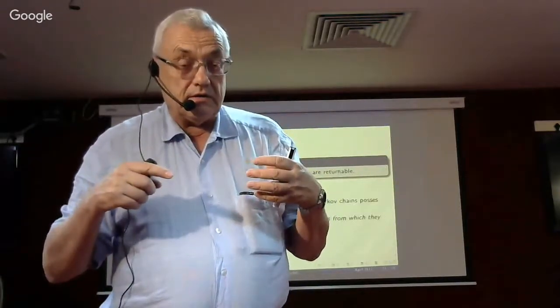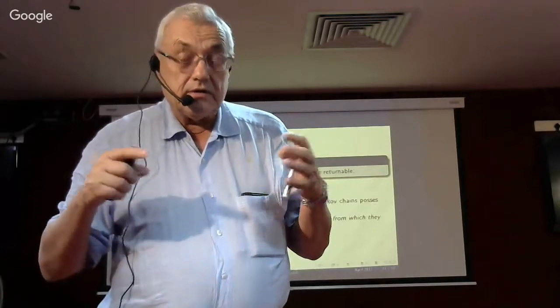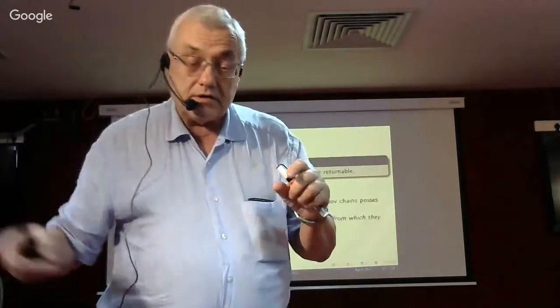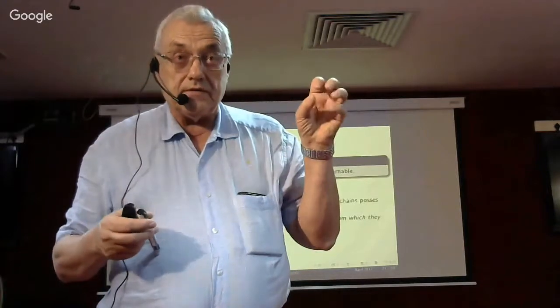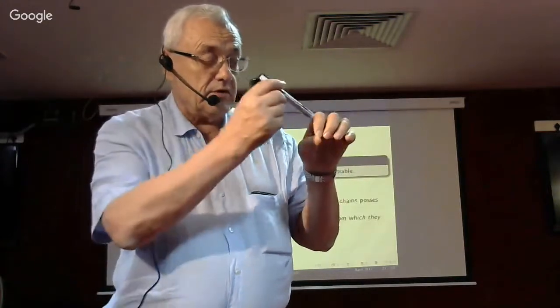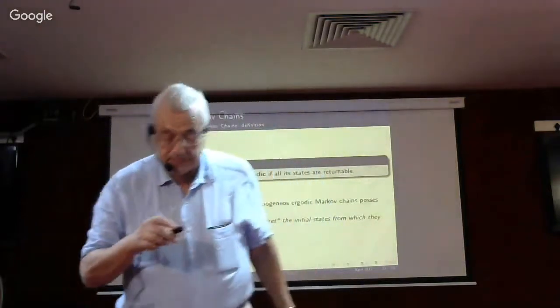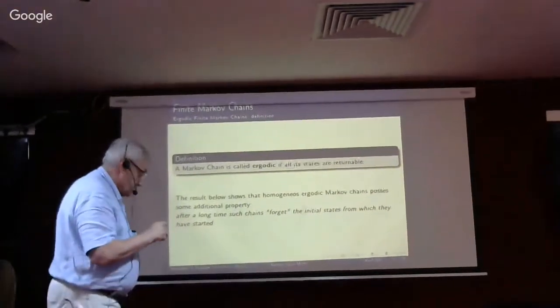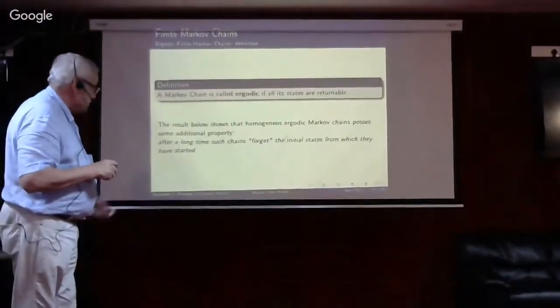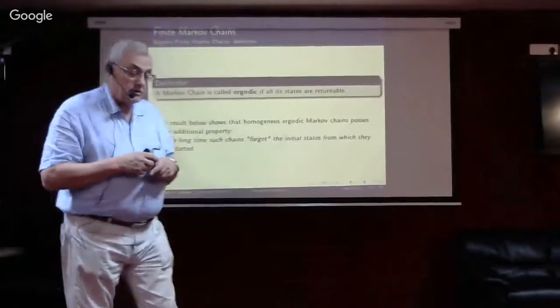So it means that each state we visit infinitely many times if we run our process. So obligatorily we have a chance to return back. There does not exist an isolated state, because if there exists some state that you leave and it never returns, this is already not ergodic.